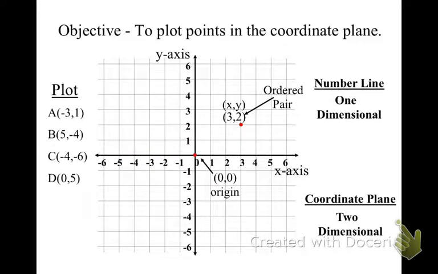If I go to plot, I start at my origin, and now I'm going to move across negative 3, that would be left 3, and then up positive 1. For B, I'm going to move positive 5, so I start at my origin, I'm going over 5, and then down 4 to this point.